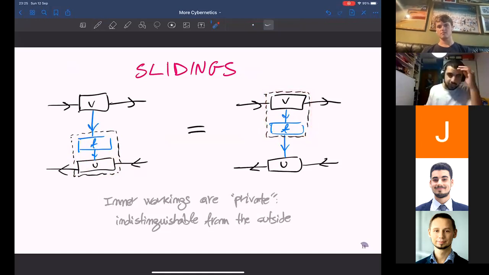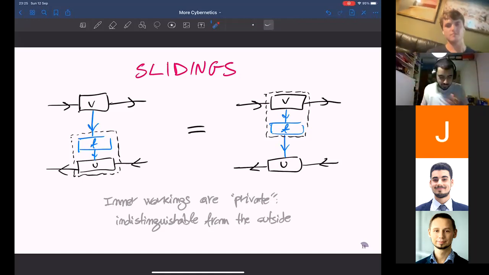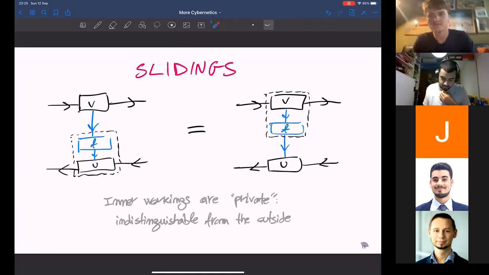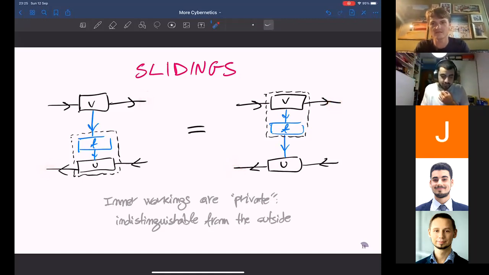So instead of processing the state after I memorize it, I first process it and then I memorize it, and then I feed it to the same exact update map. So you see that the computations happening on both sides are completely equal. The same things are happening, and from the external point of view, there's no way to tell, just from reading these two outputs, that something different has been going on inside.